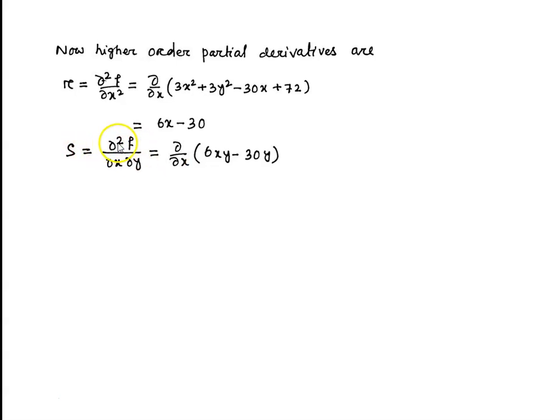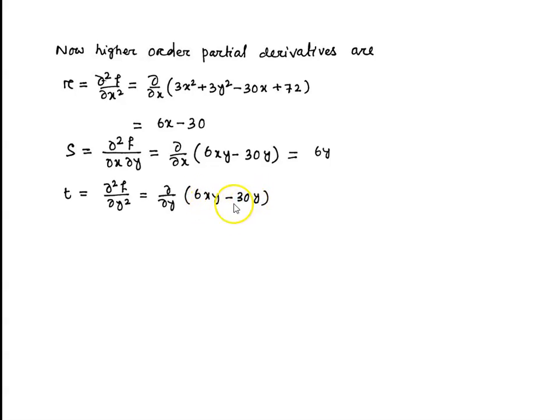Similarly, s is equal to del square f divided by del x del y, that is del by del x of del f by del y, and del f by del y is 6xy minus 30y. Now the partial derivative of this is 6y. Similarly, t is equal to del square f divided by del y square, that is del by del y of del f by del y, and our del f by del y is this.